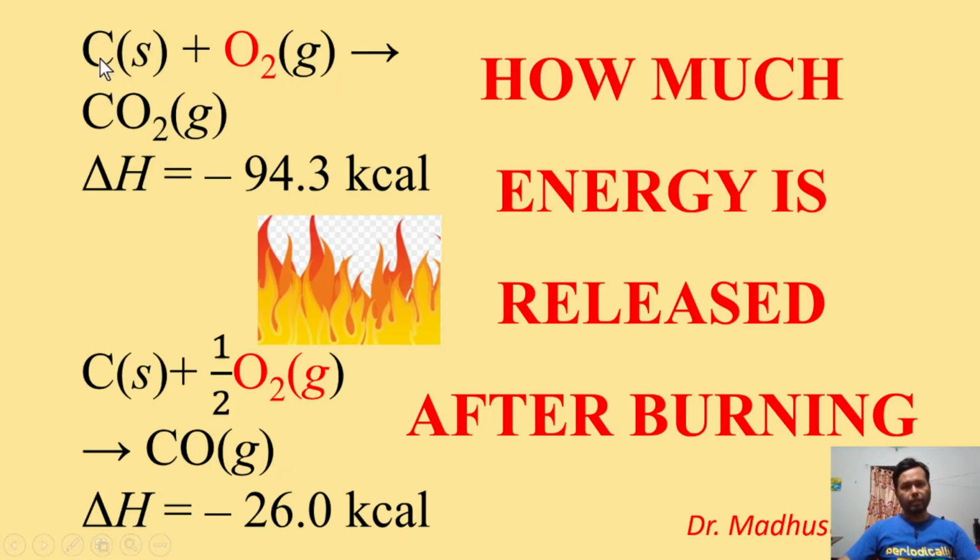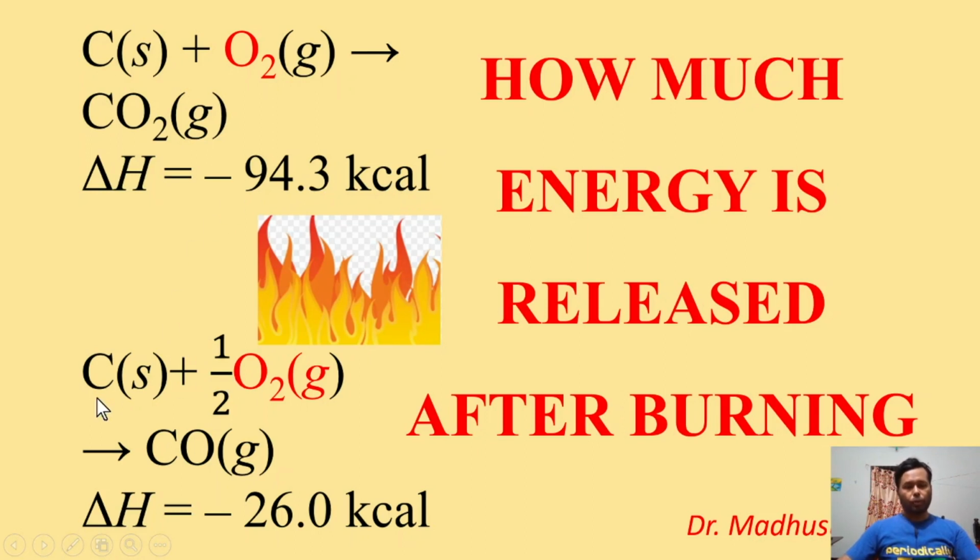Here you can see a reaction, carbon and oxygen reacting together, which means carbon is burning in oxygen to form carbon dioxide, and at the same time it is releasing some energy, around minus 94.3 kilocalorie.